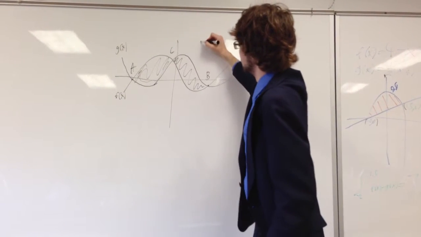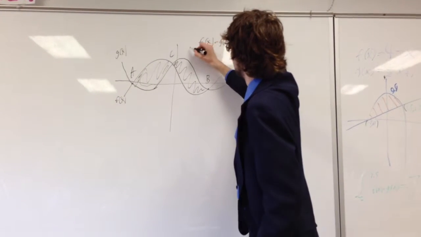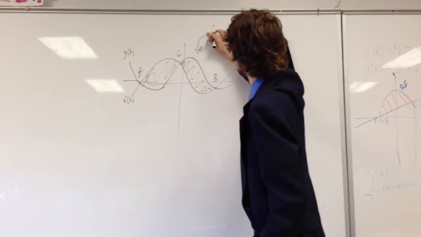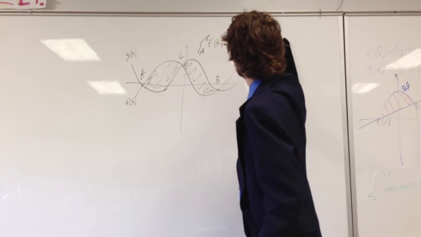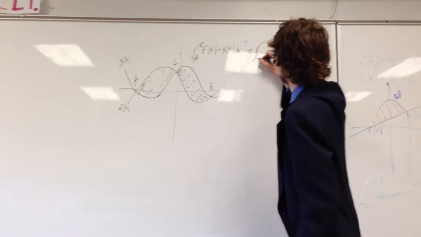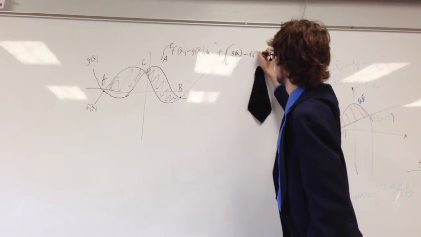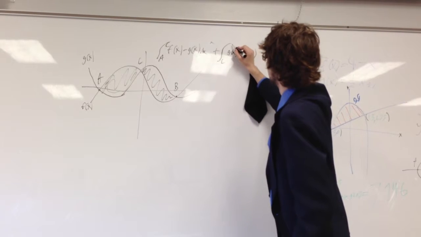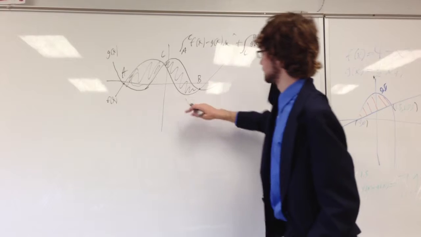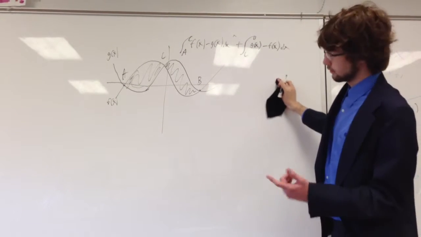Now you can do f of x minus g of x from A to C, and then add that to g of x minus f of x from C to B. So you're taking top minus bottom in both instances since they cross over. So that's the first way.